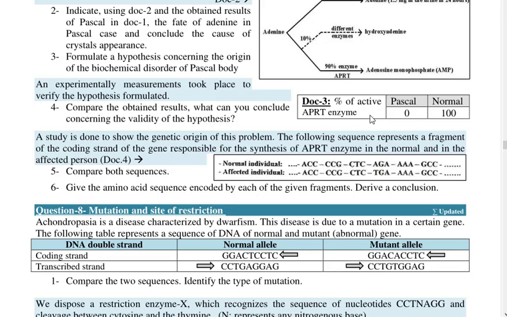A percentage of active APRT enzyme. In Pascal it is how much? 0. In the normal people? 100. So now you are 100% sure that the enzyme in Pascal is not working.